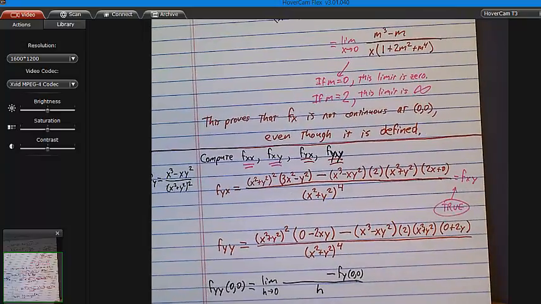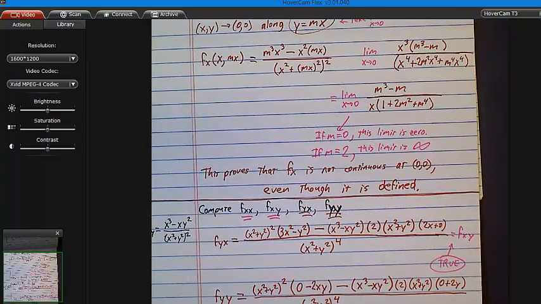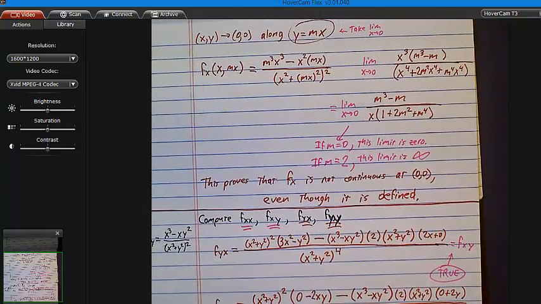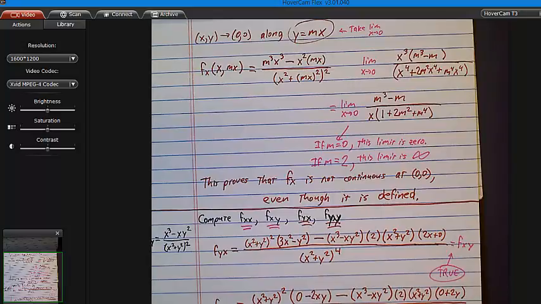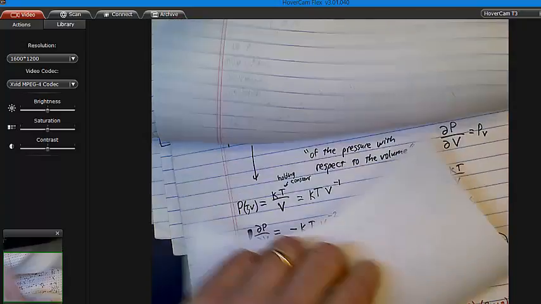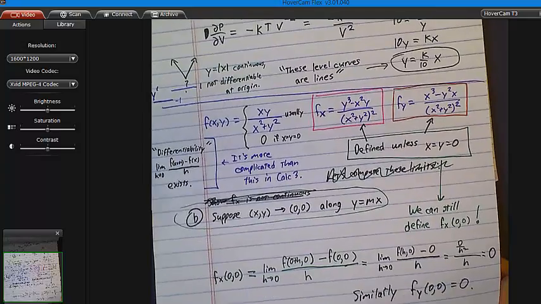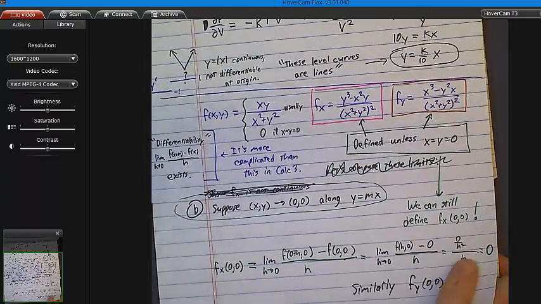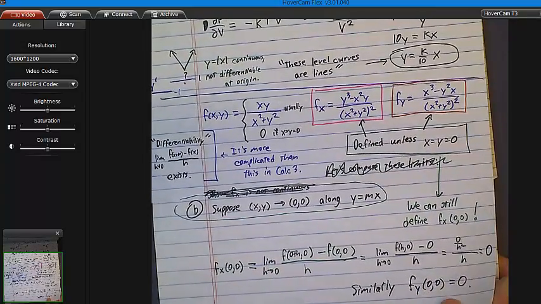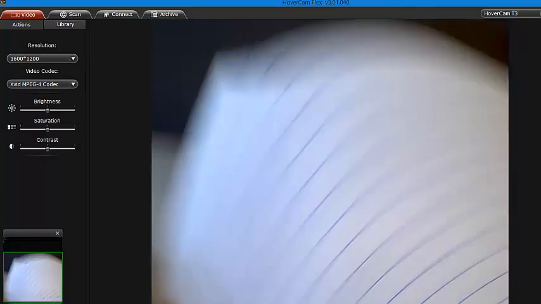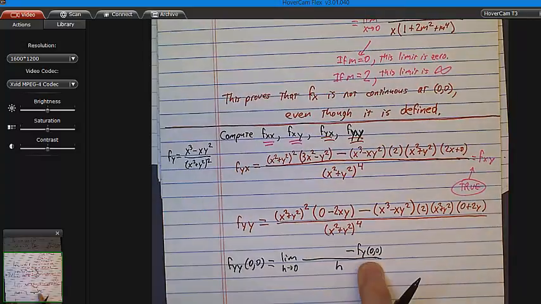Up above, I computed f_x of (0, 0). Right? Yeah, let me see if I did that. Yes. Here, guys. Remember we did f_x of (0, 0) was 0, and I said similarly f_y of (0, 0) is 0. Okay? So here I go. That's 0.